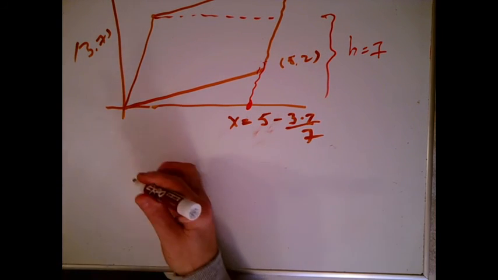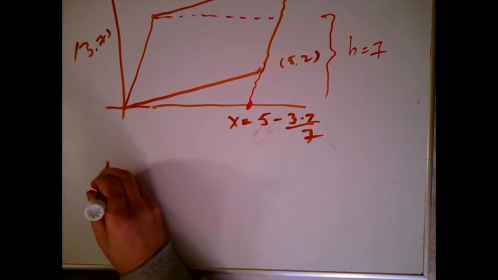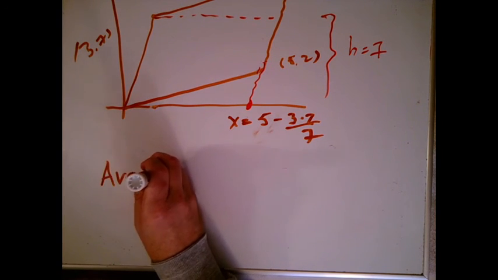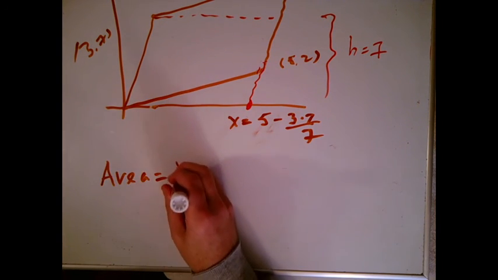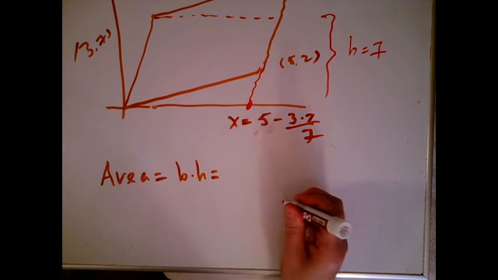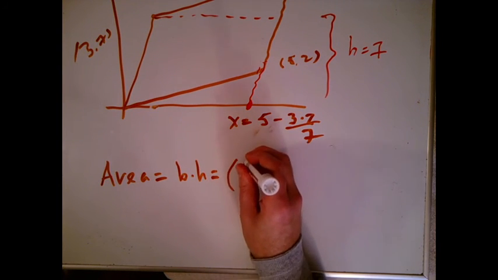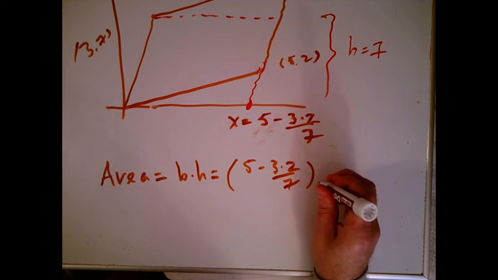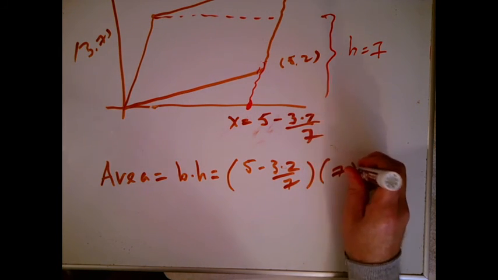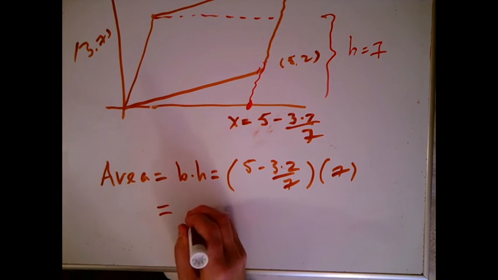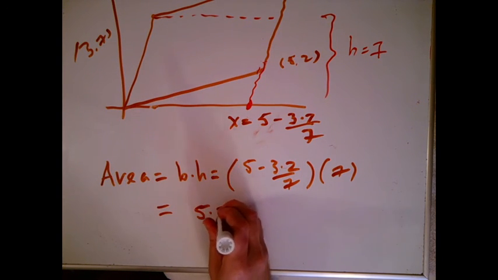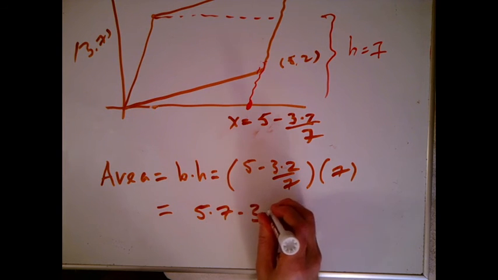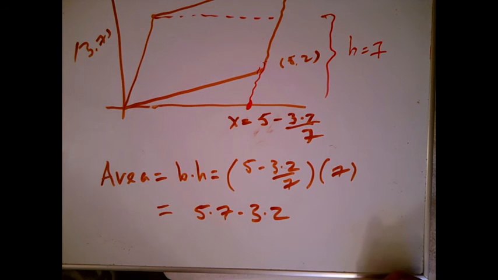And so the area of the parallelogram we're looking for is equal to the base times the height. The base was 5 minus 3 times 2 over 7. The height is 7. We just distribute the 7, and we're going to get 5 times 7 minus 3 times 2 as the area we're looking for.